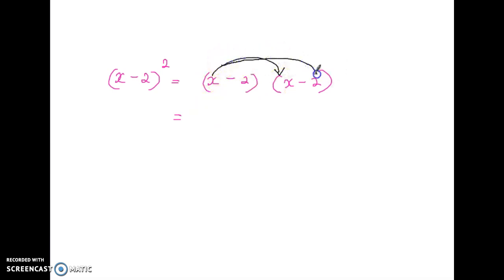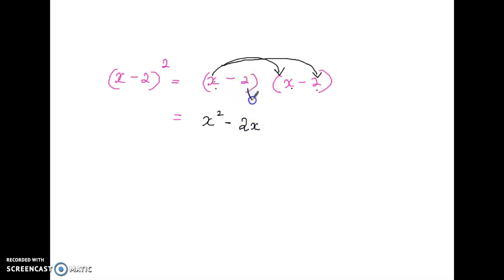So x minus 2, the whole square, just means x minus 2 multiplied by x minus 2. What we do here is distribute the first term to both the terms in the second binomial. So x times x will be x squared, x times negative 2 will be negative 2x.